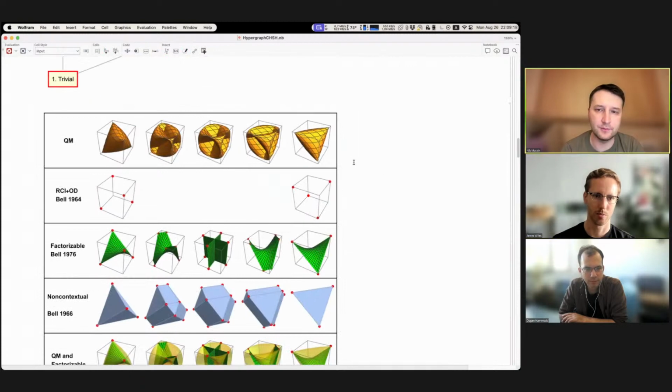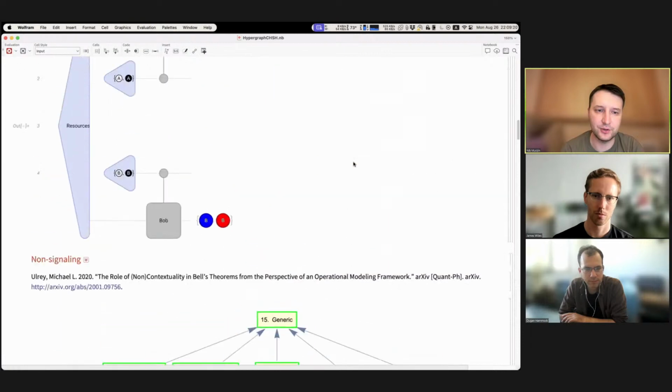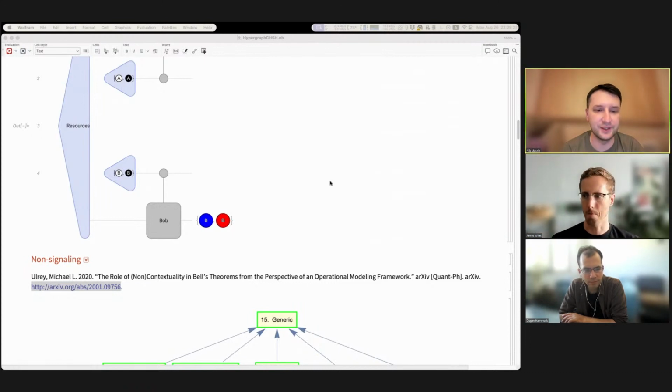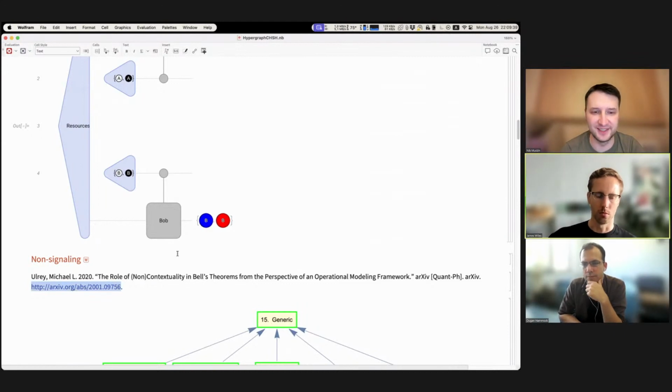I'm pretty sure Michael has some Mathematica code in his paper. Yeah, it looks like Mathematica, right? I'm pretty sure, because where I learned about this work was the Wolfram Tech Conference.